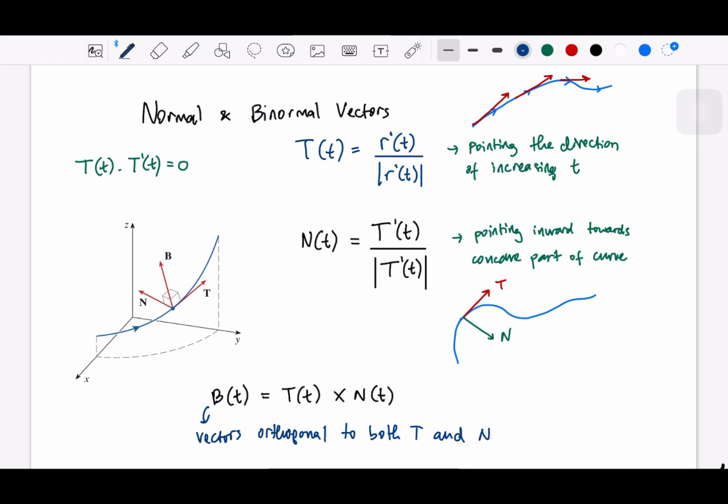So basically, if you are asked to find the normal vector or the binormal vector, the first thing you need to do is find the unit tangent vector, then derive it to find the normal, and then take the cross product for the binormal. So, as simple as that. You just plug into the formulations.